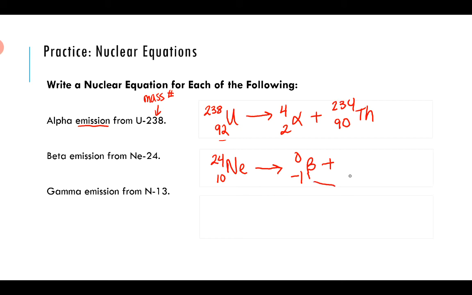And this has to add up to 10. And so my atomic number is going to be 11. And the mass numbers have to add up to 24. And so my mass number is 24. And so sodium has an atomic number of 11.